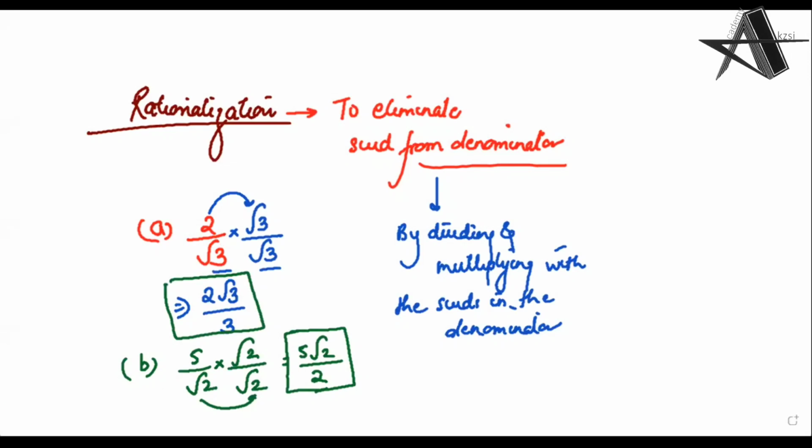So rationalization is of two types. That means if in the denominator only one surd is there, just like here, you can see there is only one root 3, one root 2. But what if you have an integer as well? So rationalization can be of two types.